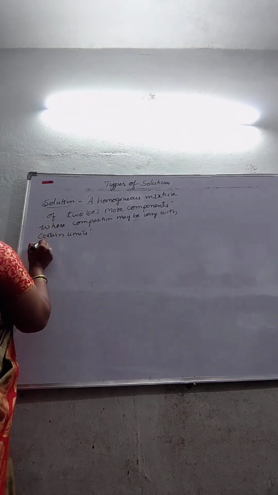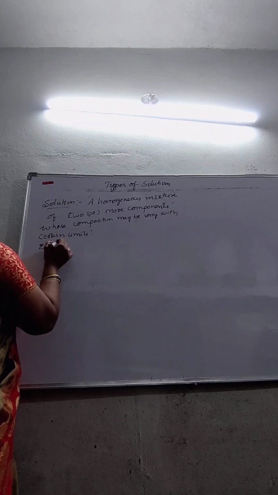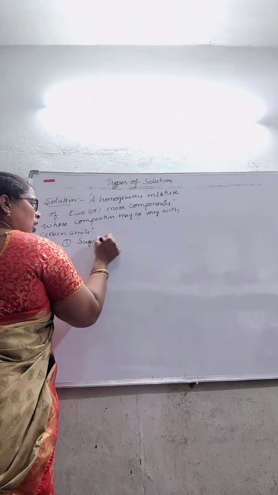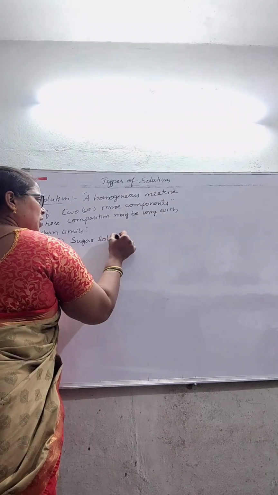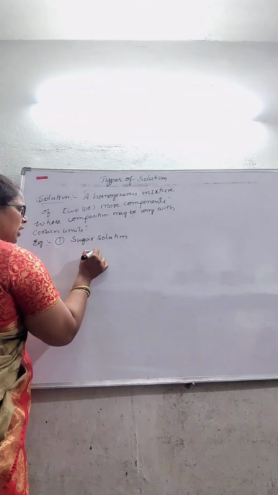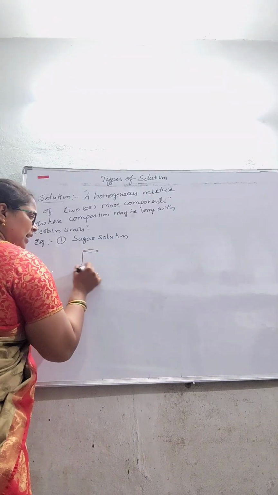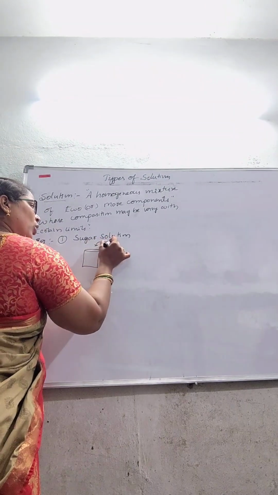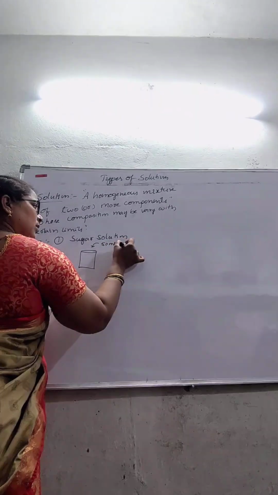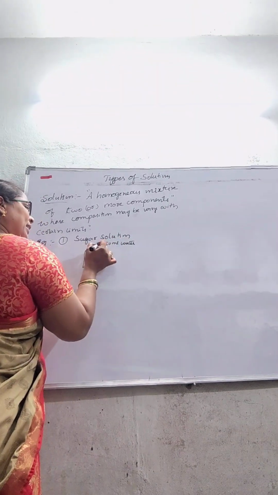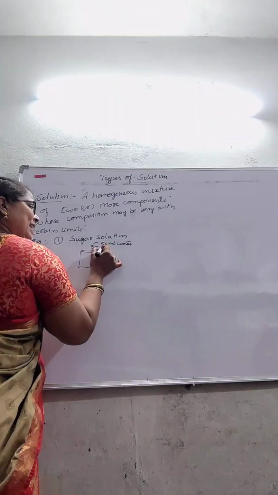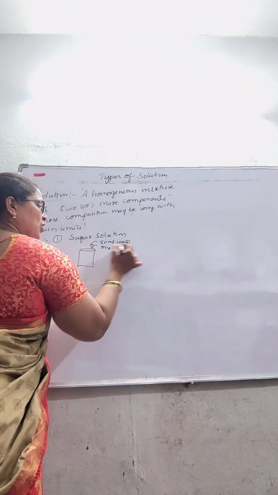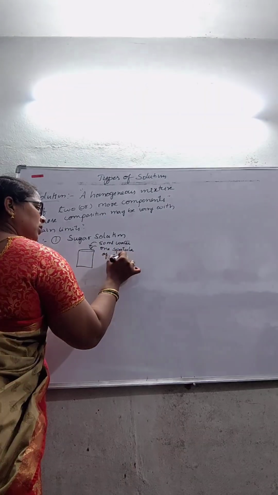Here, for example, I am taking a sugar solution. How to prepare this sugar solution? I am taking one beaker. In this beaker, I am adding 50 ml of water. To this, I am adding one spatula of sugar.